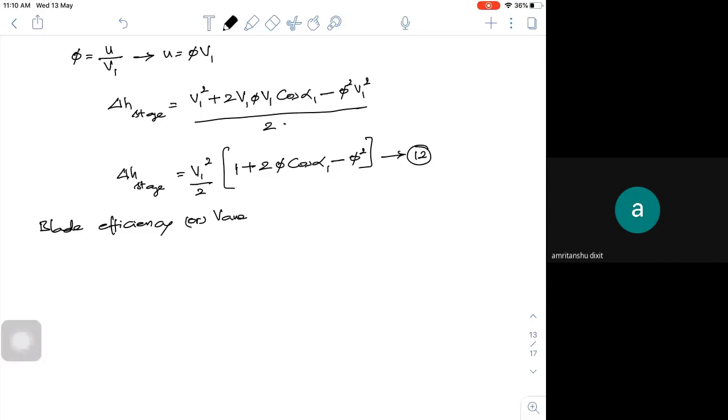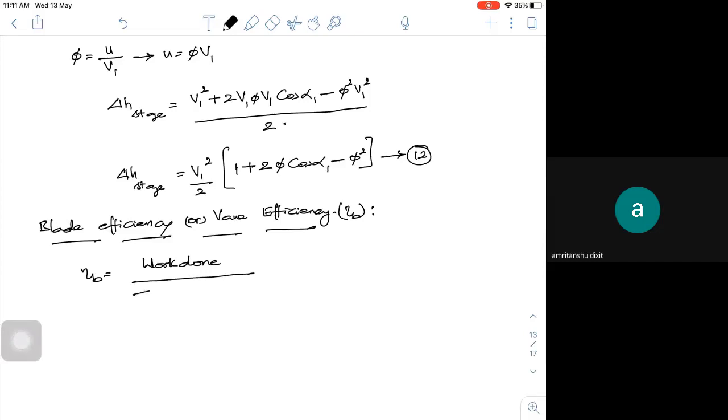The blade efficiency or vane efficiency is the ratio of work done per kg of steam, or total energy supplied per kg of steam. It can be per kg also, it's fine.